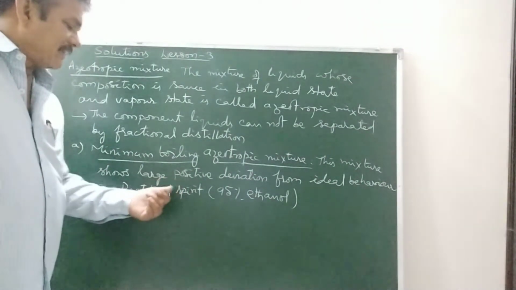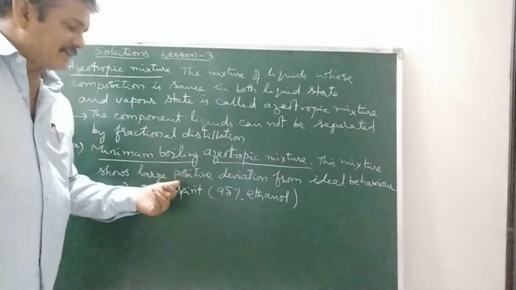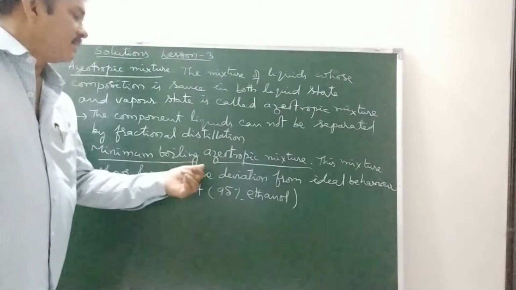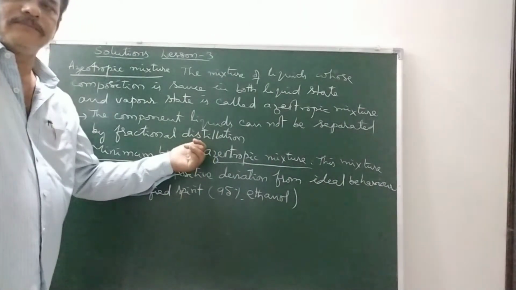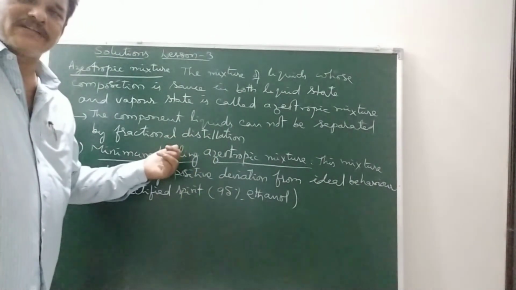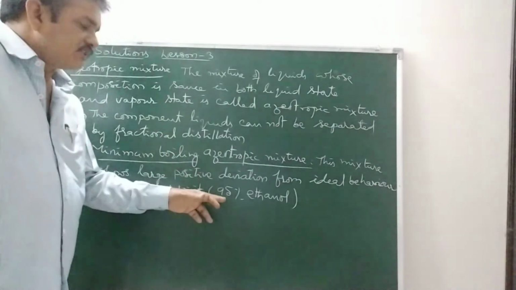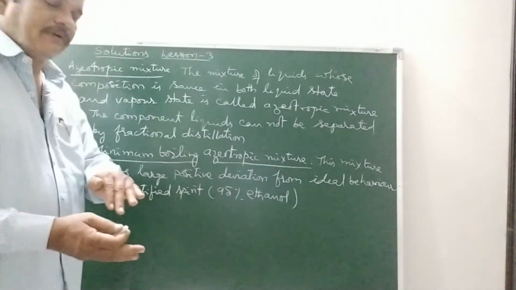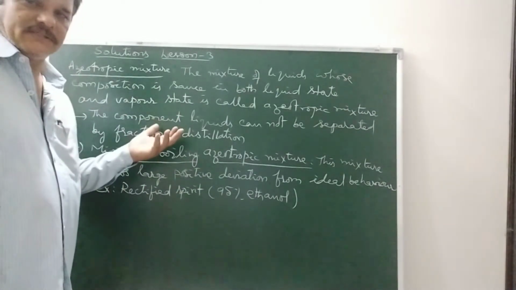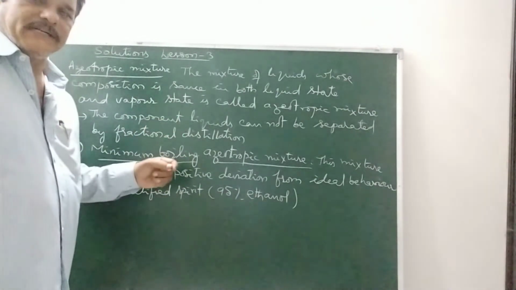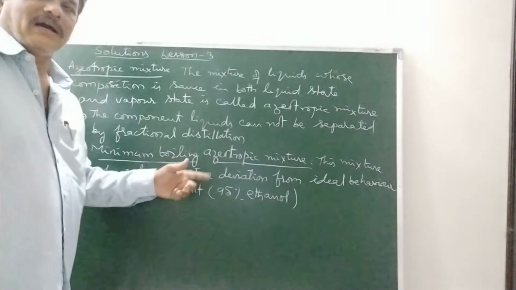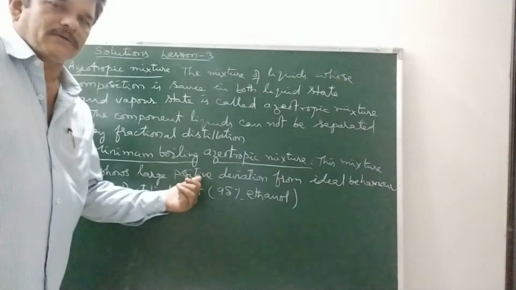In this rectified spirit, the 5% water cannot be removed by fractional distillation. Why? The composition of ethanol and water will be the same in liquid phase and vapor phase. That means the boiling point becomes the same for ethyl alcohol and water at this composition.